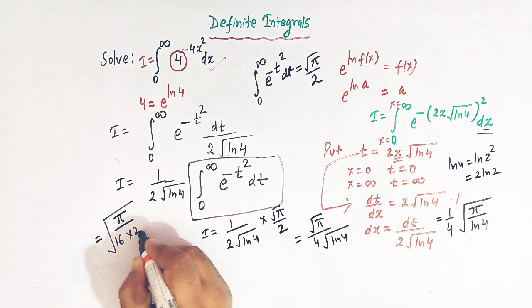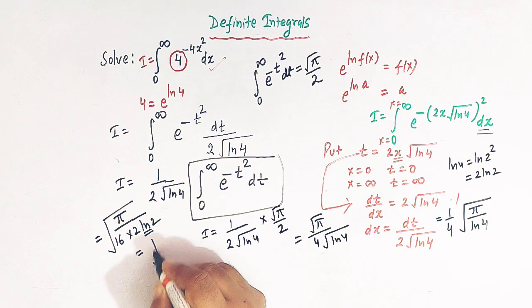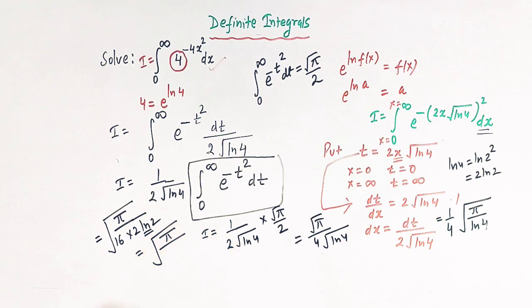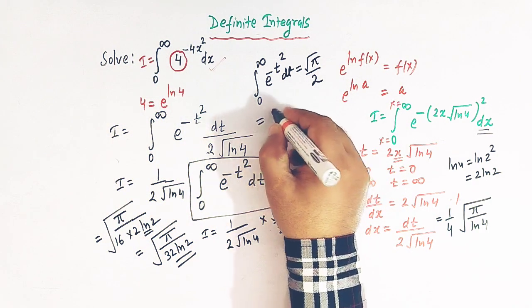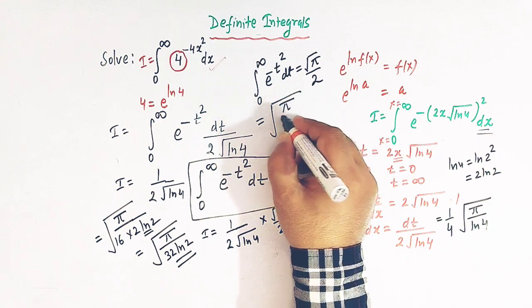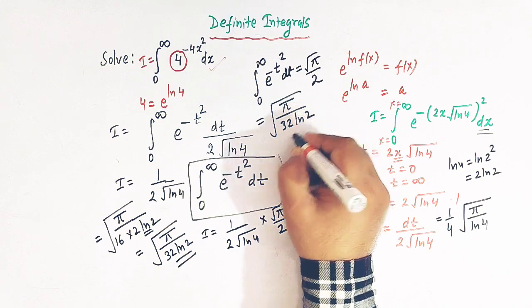This is the natural log, so we have the square root of pi divided by 32 times the natural log of 2. So the value of this integral is equal to square root of pi divided by 32 times the natural log of 2.